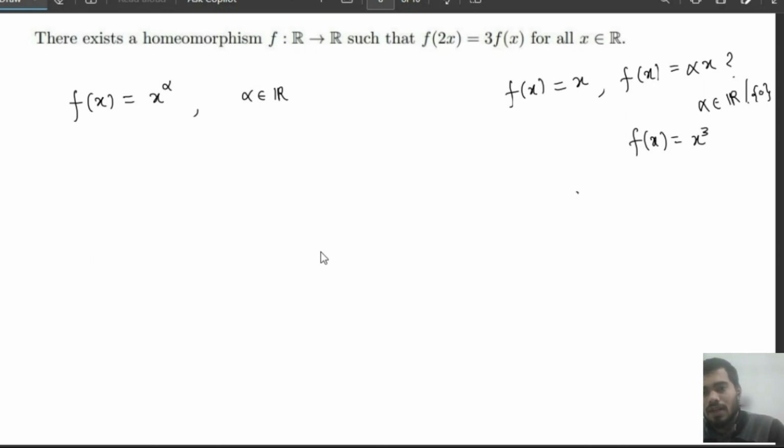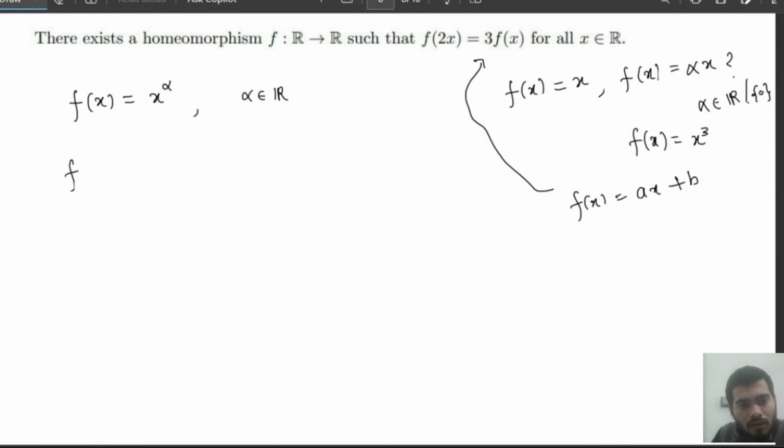First of all, I tried the linear function to see whether it satisfies this or not, but the linear function will not satisfy. So the next best thing we can take a chance with is x raised to alpha. Then f of 2x is nothing but 2 raised to alpha times x raised to alpha, and we want it to be equal to 3 times x raised to alpha.